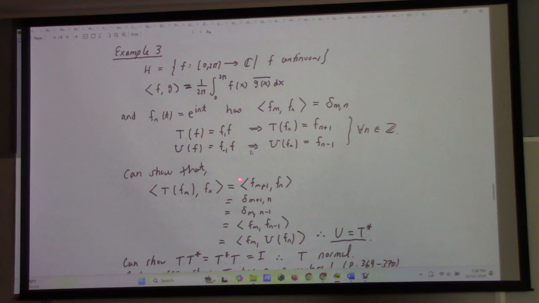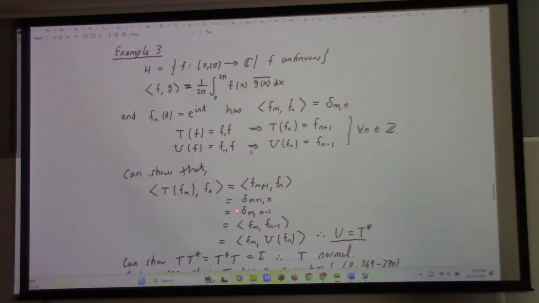And this is the super sneaky step right here. Delta m plus 1, n is equal to delta m, n minus 1. Do you see that? The only way this can be equal is if m plus 1 equals n. The only way this can be equal is if m is equal to n minus 1. But that's the same solution set, right? So these are both 0 and both 1 on the same choices of m and n, so they're equal.